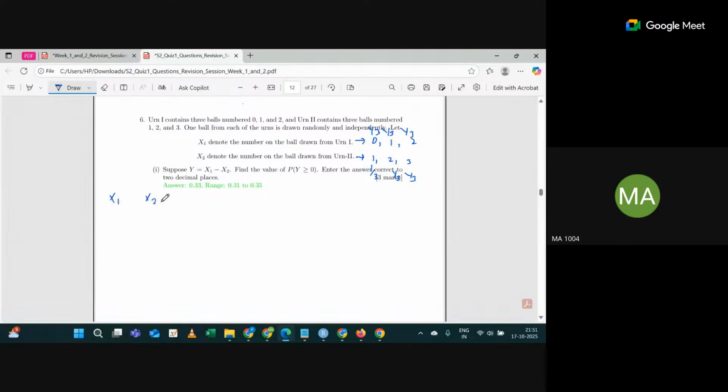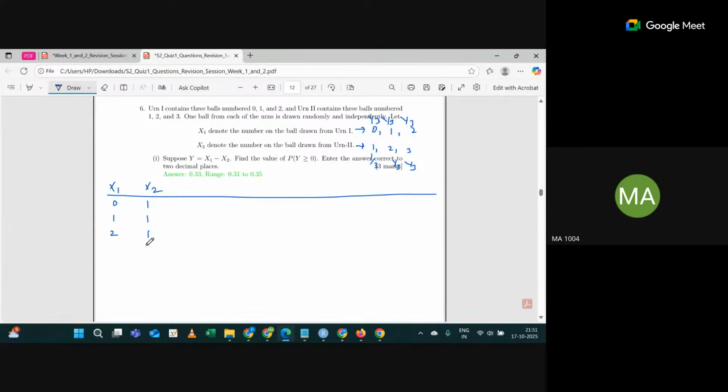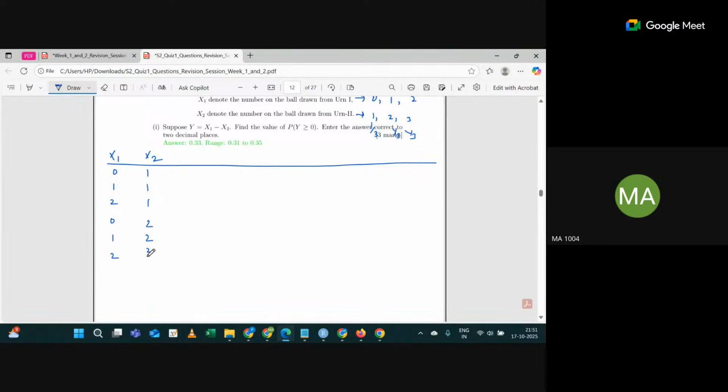All right, great. I told you, what is the good approach to start? To avoid confusion, you can write all the possible combinations. Fix one value here, let's say (0,1), (1,1), (2,1), then (0,2), (1,2), (2,2), then (0,3), (1,3), (2,3).